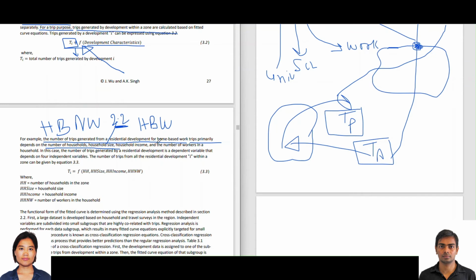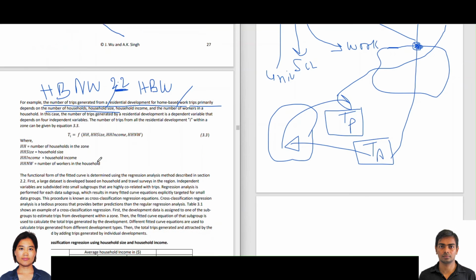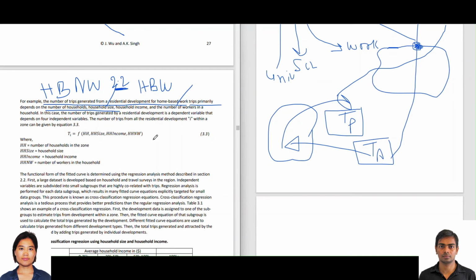Household income and number of workers in the household. There can be more variables, but these are four common variables that define the number of home-based work trips. So TI, the number of home-based work trips, is a function of number of households, household size, household income, and number of workers in the household.